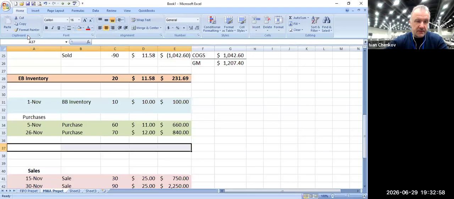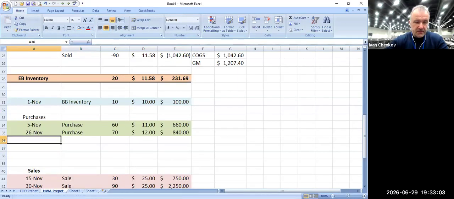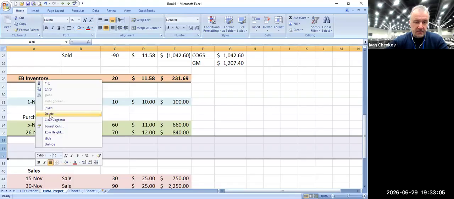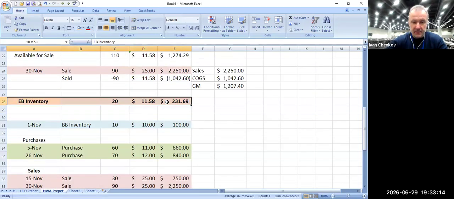And the next thing that we're going to do, once we have the cells, is get the ending balance. In the ending balance, we have it here.